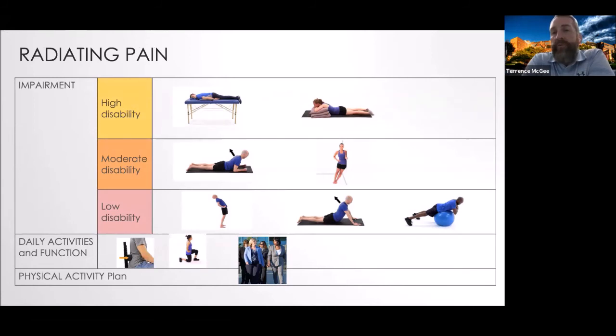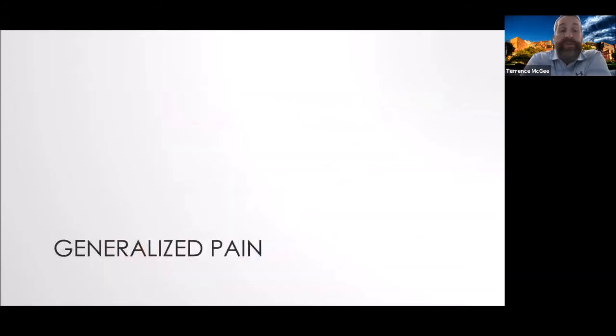And what we're looking at is repeated motions, right? We want to encourage a particular movement direction in order to foster centralization of their pain, and then give them support through daily life with something like a lumbar roll to further facilitate a decrease of pain and return to normal function.